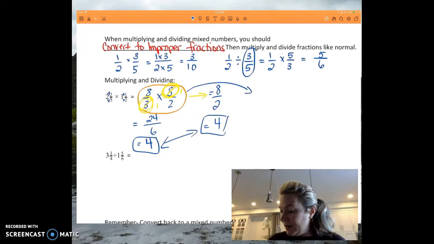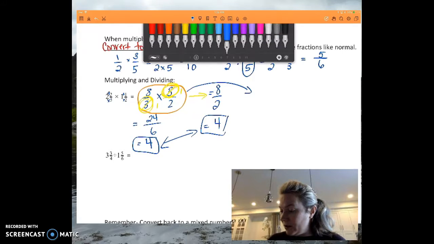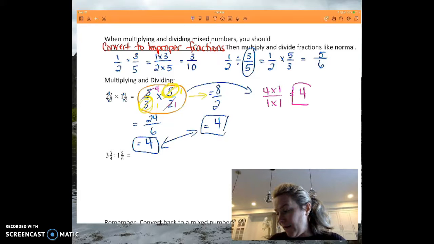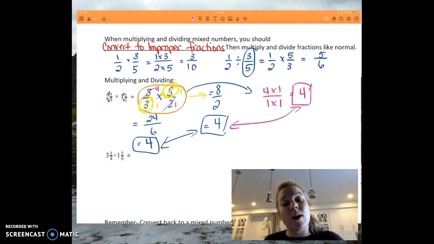I can divide both of these by 2. 2 divided by 2 is 1. 8 divided by 2 is 4. And what I have here is 4 times 1 over 1 times 1 equals 4. You'll see there's even one extra cancellation in there that I didn't see right away. So don't worry if you don't see the cancellations. They can make your life easier, but they don't make your life impossible if you don't find them, okay?